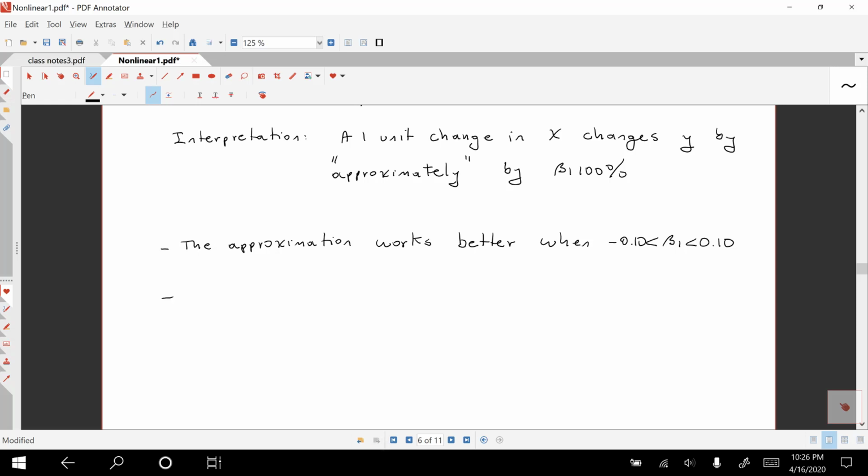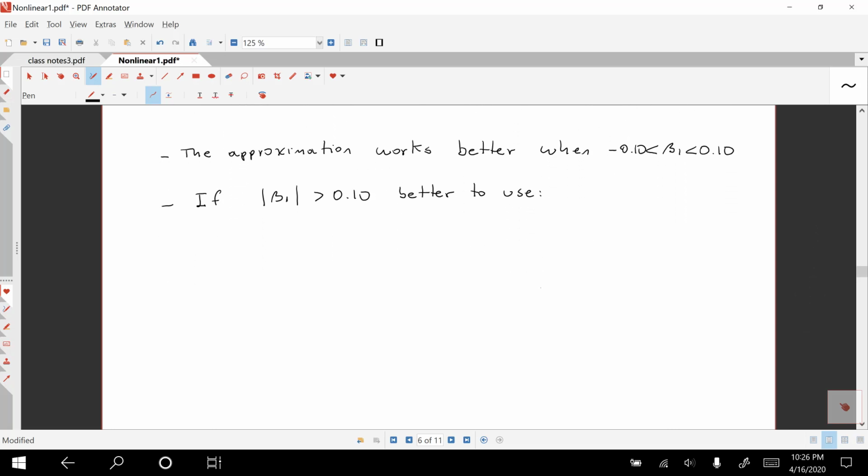If beta 1 happens to be outside that range, so we can talk about the absolute value, if the absolute value of beta 1 is higher than 0.10, it is better to use e. Remember, e is that constant that we had mentioned before. Use e to the beta 1 minus 1, times 100%.